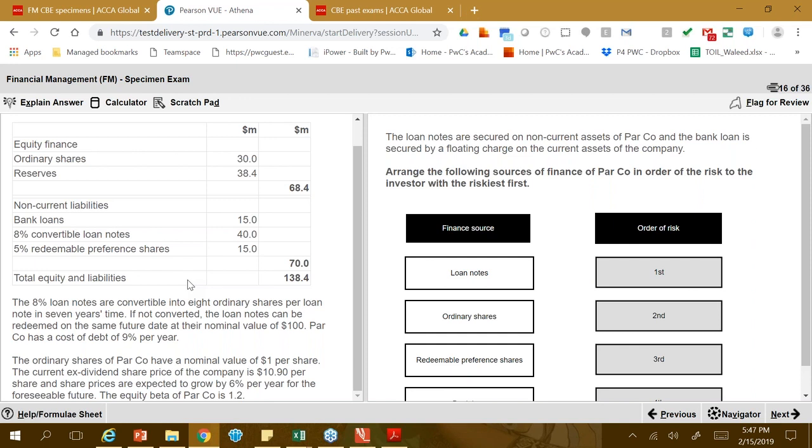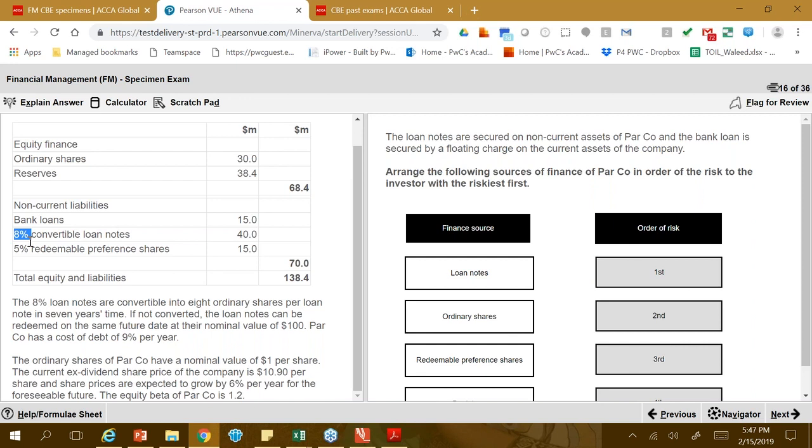Now, the 8% loan notes are convertible into 8 ordinary shares per loan note in 7 years' time. So for these convertibles, the 8%, remember, is the coupon. It is the interest. And this is convertible into 8 ordinary shares per loan note in 7 years' time.